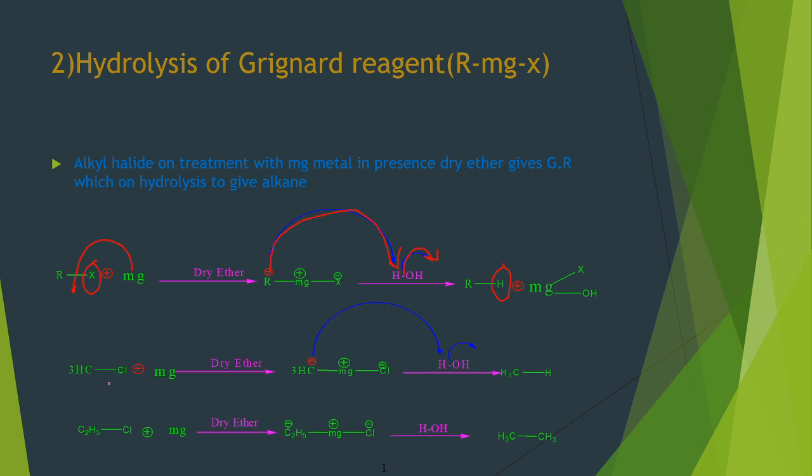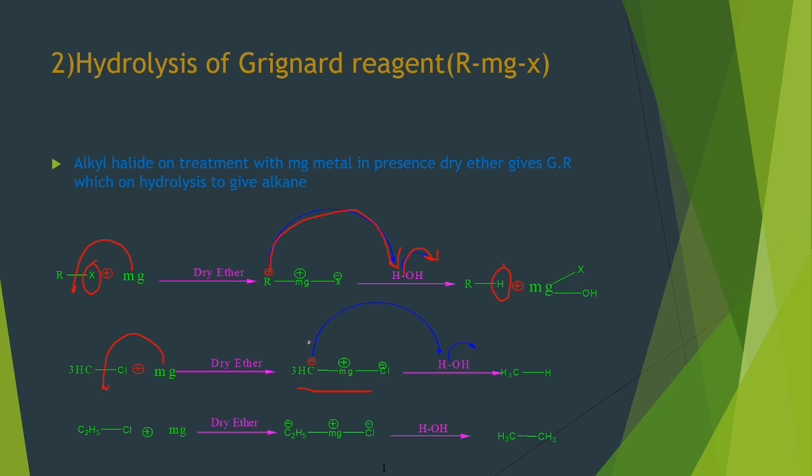Methyl chloride on treatment with magnesium in presence of dry ether gives Grignard reagent. Same thing, we just insert the magnesium here.